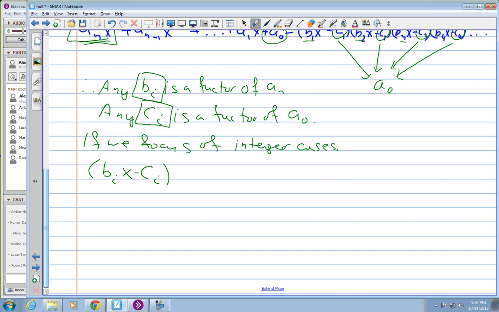If you set this factor to 0, then x equals c sub i over b sub i. That will be one of the zeros, where c, as we just agreed, is a factor of the constant term and b is a factor of the leading coefficient.